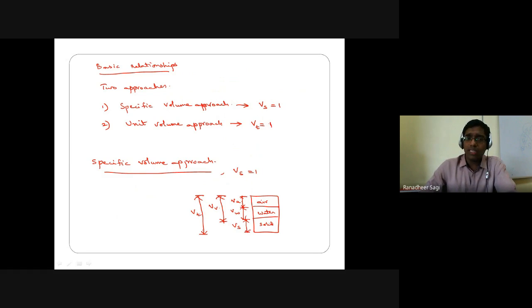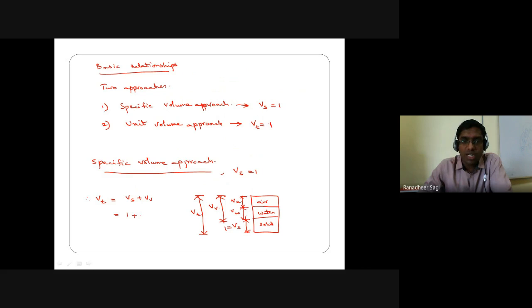Okay. So in this specific volume approach, what is it that we are assuming? Volume of solids is equal to 1. If volume of solids is equal to 1, then how can I write my total volume? Total volume is equal to volume of solids plus volume of voids. So volume of solids I am writing as 1, plus volume of voids, which I can rewrite in terms of void ratio and volume of solids, as we have seen earlier.